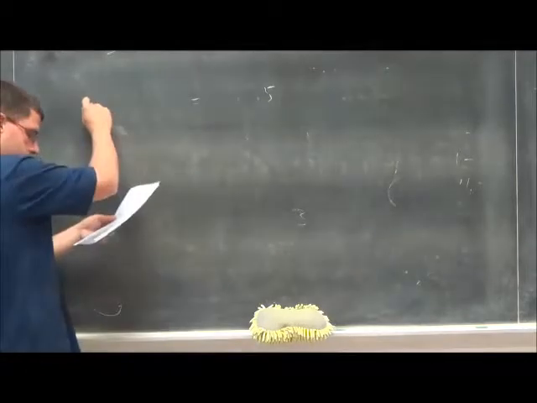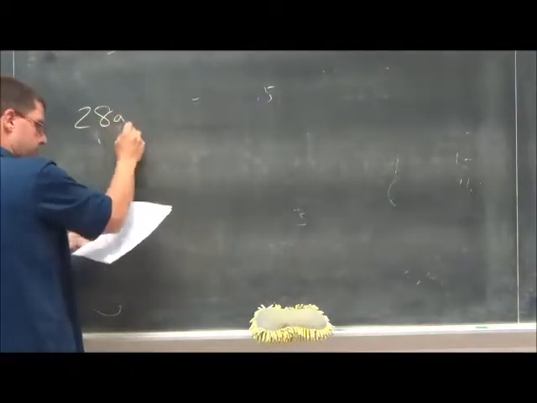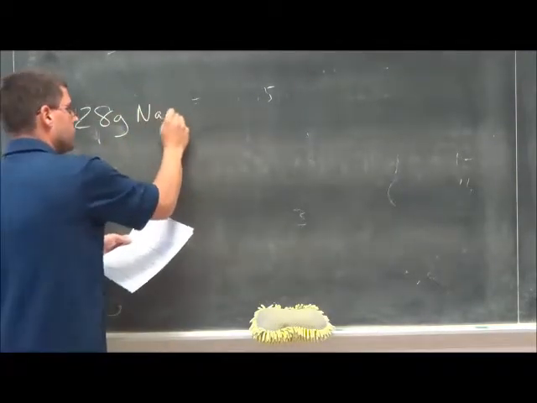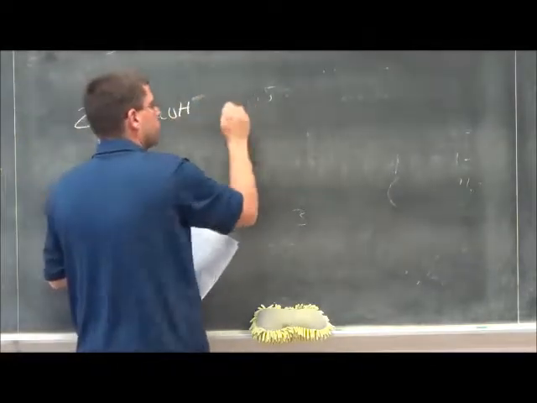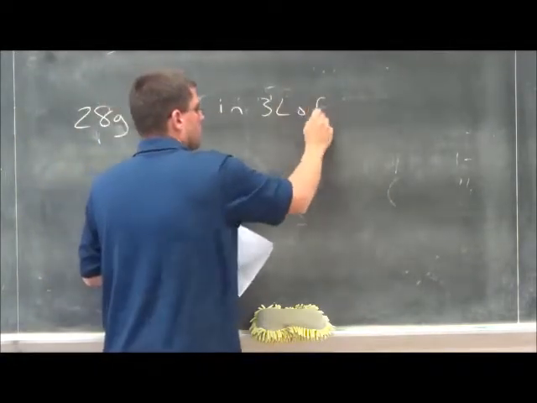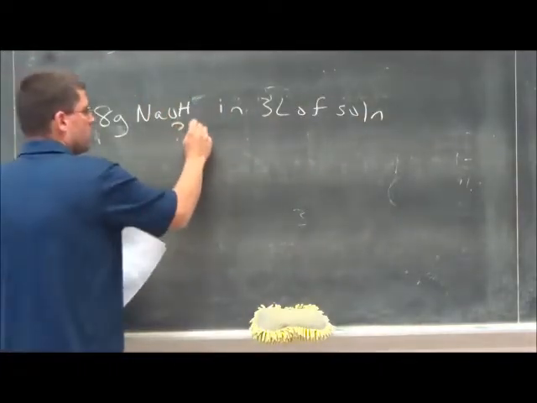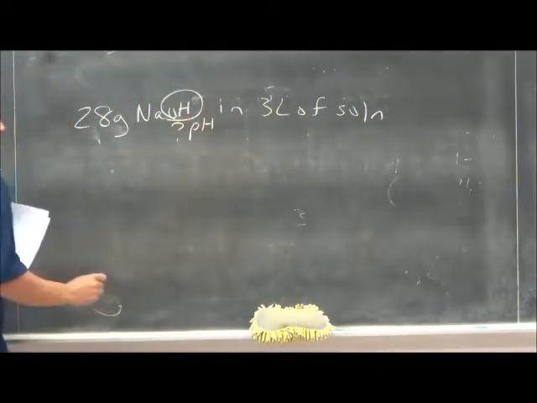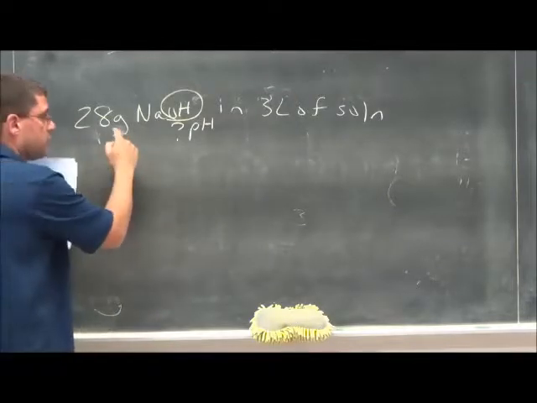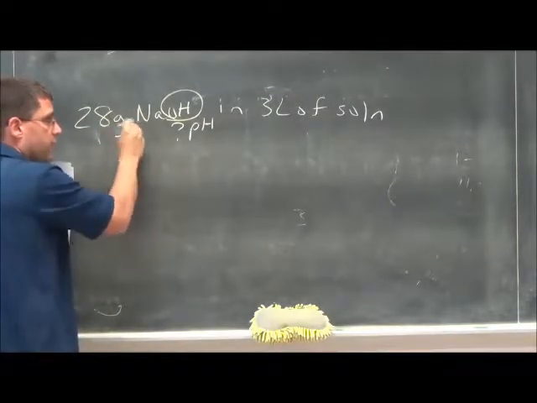You've got 28 grams of NaOH in 3 liters of solution. What's the pH? First off, it's NaOH, so you have to find the amount of moles first.